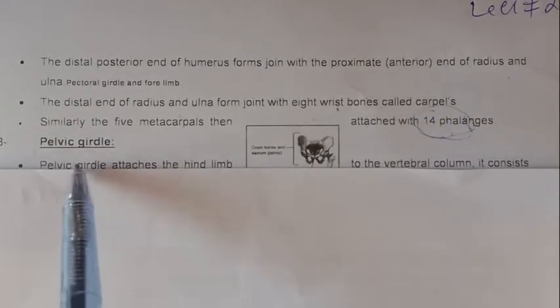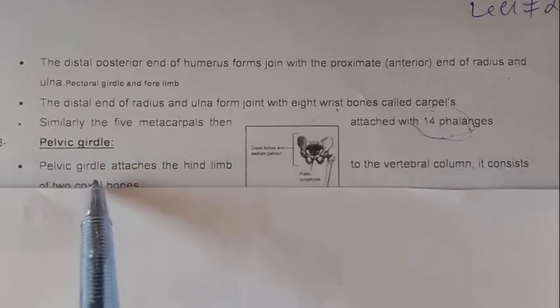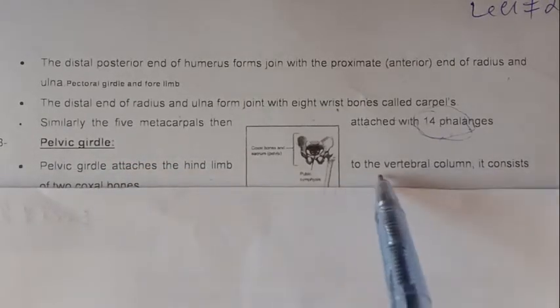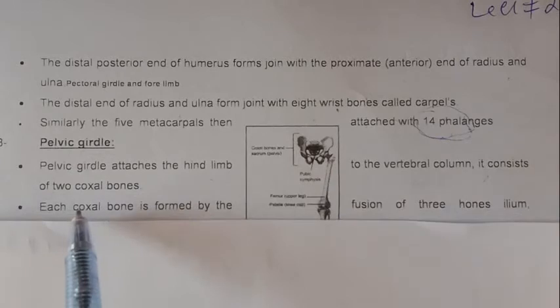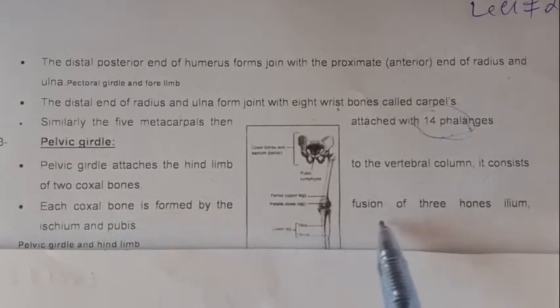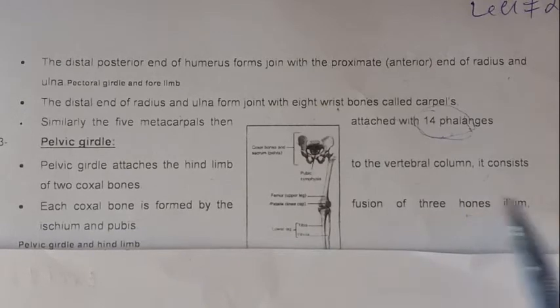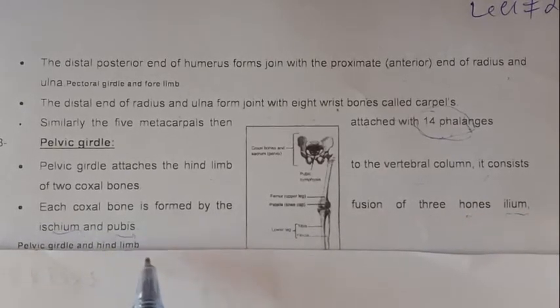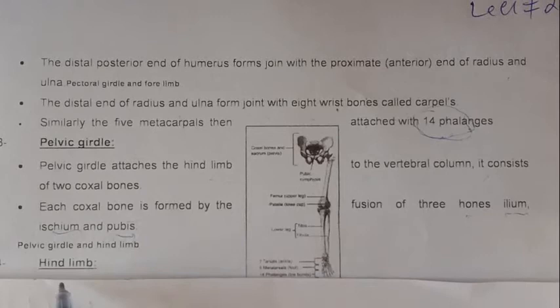Now the pelvic girdle. Pelvic girdle attaches the hind limb to the vertebral column. It consists of 2 coxal bones. Each coxal bone is formed by the fusion of 3 bones: ilium, ischium, and pubis. Hind limb.